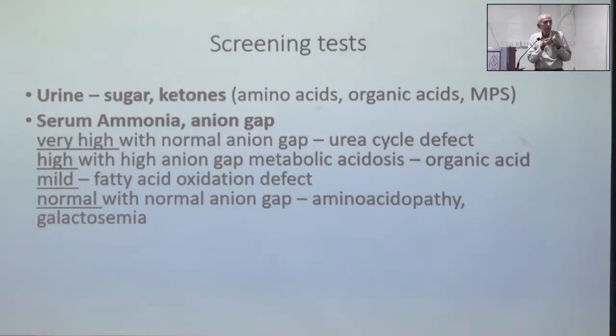And if it is very minimally increased, then you have a fatty acid oxidation defect, which has also hypoglycemia. So ammonia and anion gap becomes a very important thing to fish out these things. And if ammonia is normal and anion gap is normal, then you have an amino acidopathy or galactosemia.